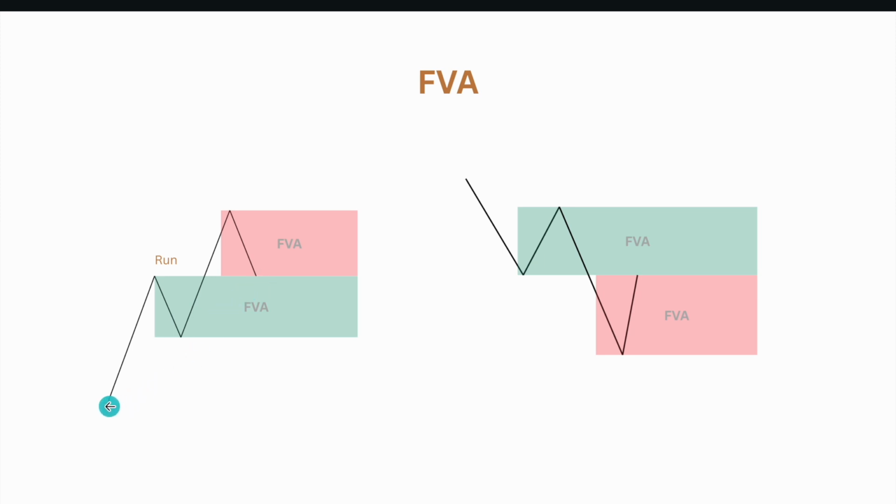Whenever price expands, after reaching some PDRA, it always retraces to some PDRA again, right? So when it retraces, what exactly is it doing? It is offering a fair value.